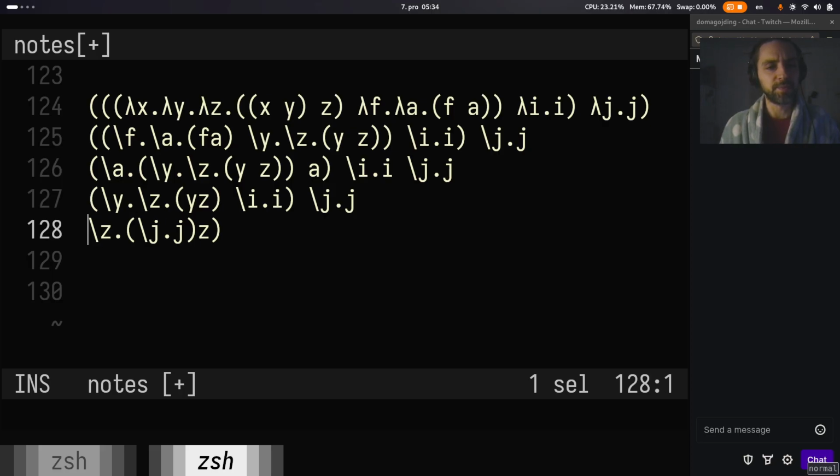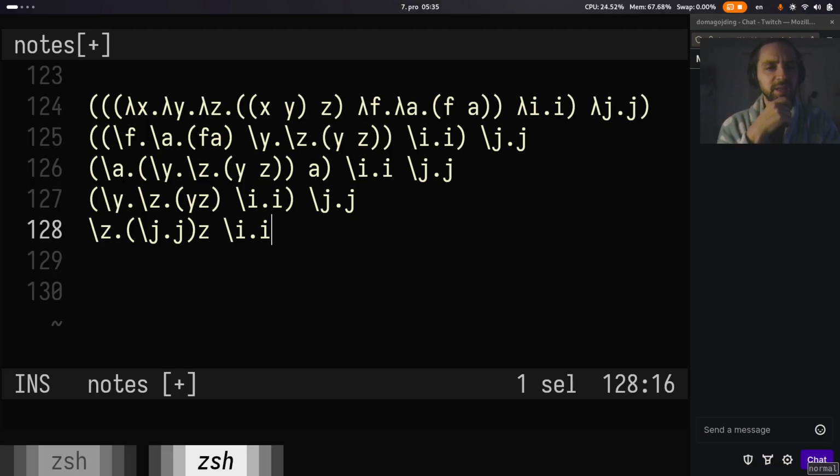I should have put the parentheses before. And now we have lambda i dot i. But don't I just now apply?